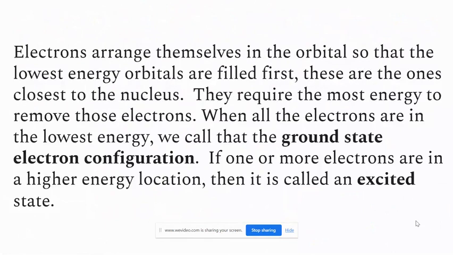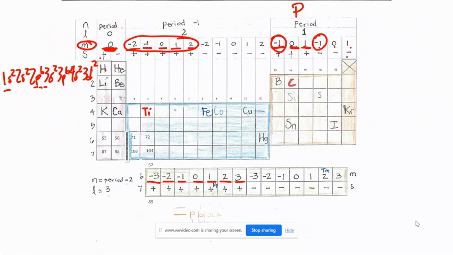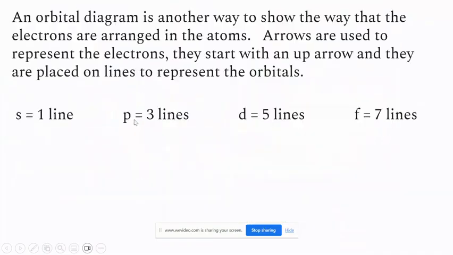So F is here. 4f, which row am I in? 6. So I'm somewhere in here. And it was 4f1. 1, so it must be this guy. So if you pop over to your periodic table, that's La. La. I'm from LA.